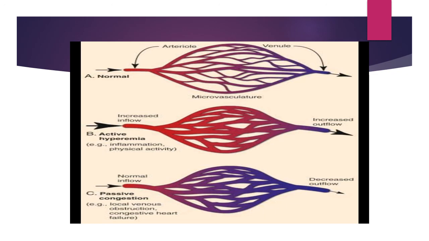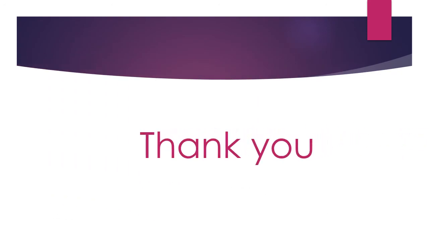The third image is passive congestion or passive hyperemia; here there is more blue color, which indicates more obstruction, a local venous obstruction. This is the difference between passive and active hyperemia. In today's lecture we finished hyperemia, its types, causes and effects. So I stop here. Thank you.